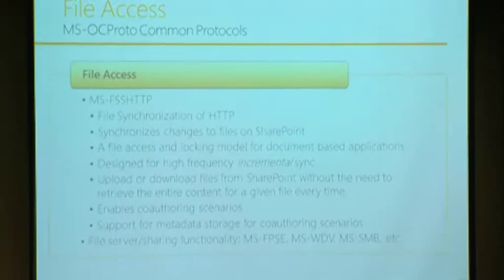So when you're doing co-authoring tasks on SharePoint, let's say all of us are working on the same document, instead of all of us having to download the entire document onto our notebook and then working on it, what this protocol allows you to do is incremental synchronization. So we're only going to download the piece of the document we care about, and it's going to do that automatically through the Office application.